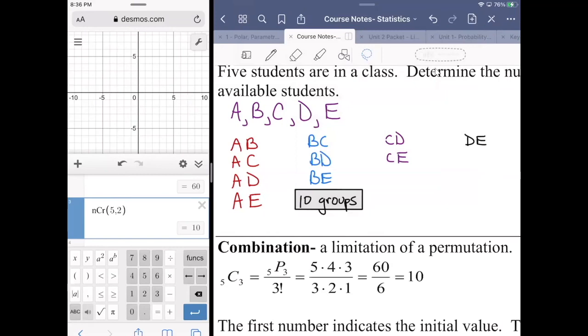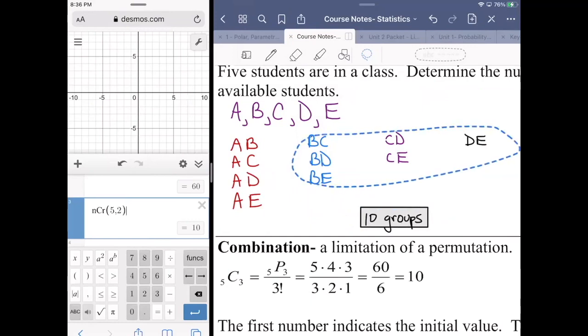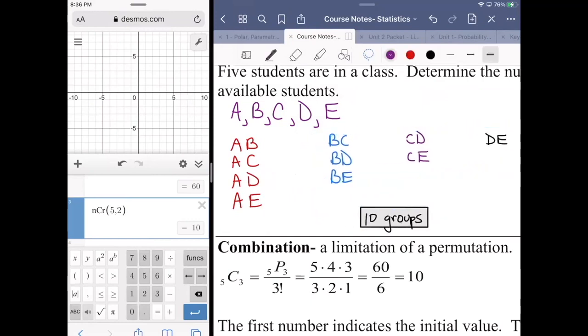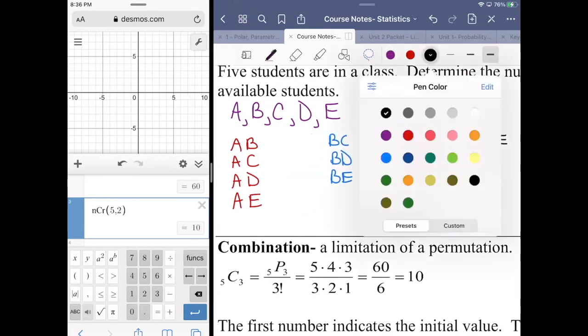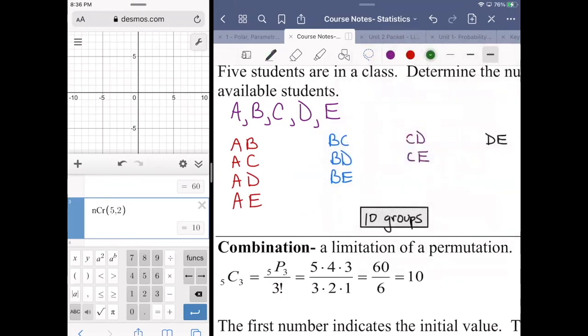So, I got this diagram going here, and I got my little 10 groups there. It's such a nice looking answer that I hesitate to erase it. I kind of feel like I want to keep that. Right? So I'm going to modify my picture here. And so these are the individuals, because we talked about this over the last class or two, where sometimes figuring out what you don't want will help you figure out what you do want.